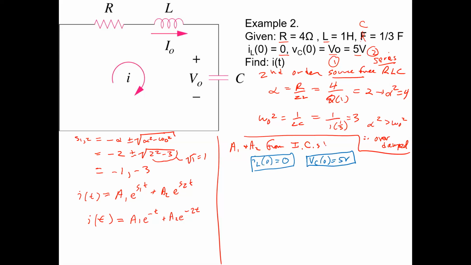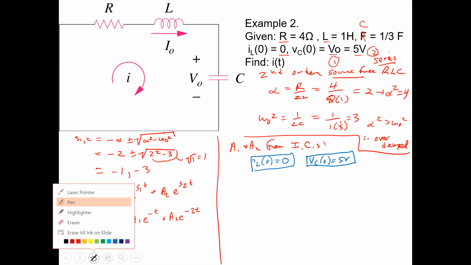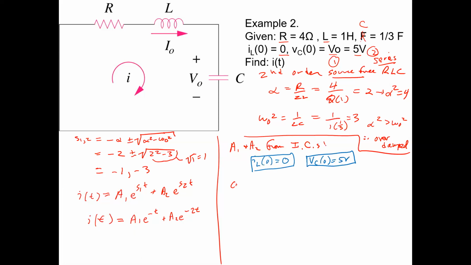That's what we're given in the problem, right? But we have to turn those into the things that we need for the solution. The conditions we need are i of 0, which is iL of 0. That's 0. Okay, check. But we also need to know what di/dt is at 0 plus.